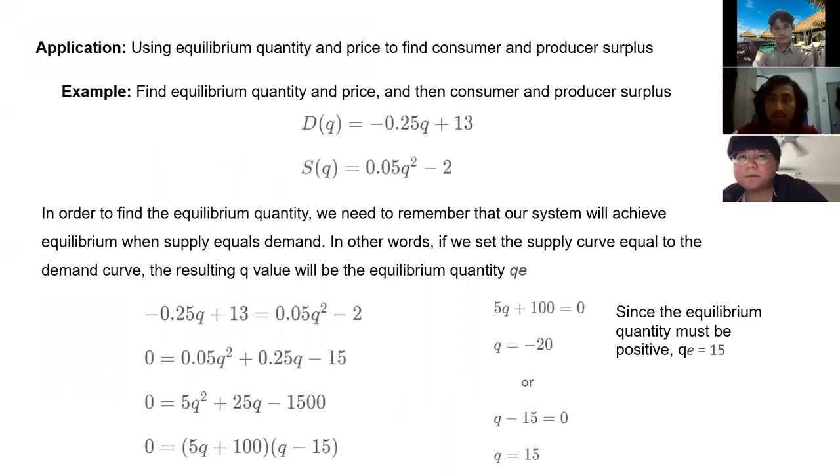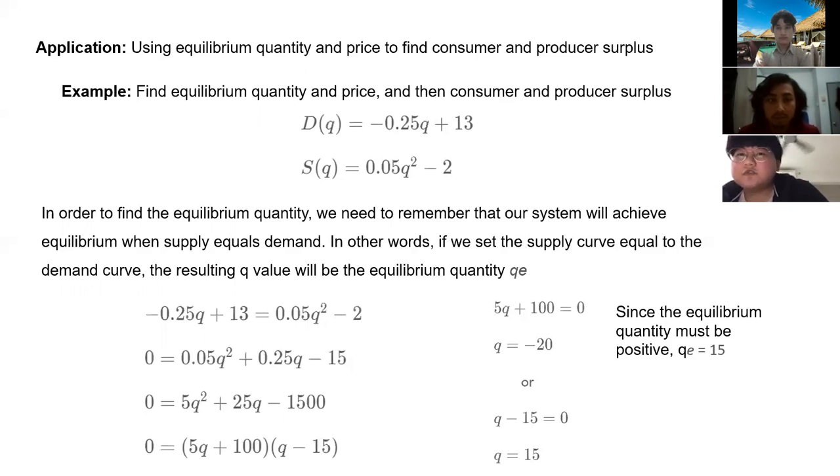Next, an example using equilibrium quantity and price to find the consumer and producer surplus. Example: find the equilibrium quantity and price and the consumer and producer surplus. D(Q) equals negative 0.25Q plus 30. S(Q) equals 0.05Q squared minus 2.